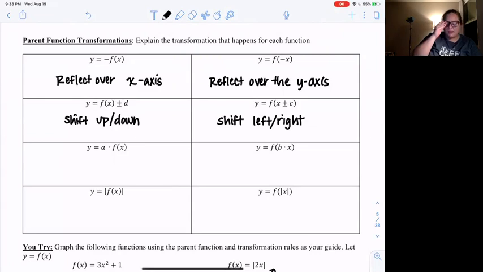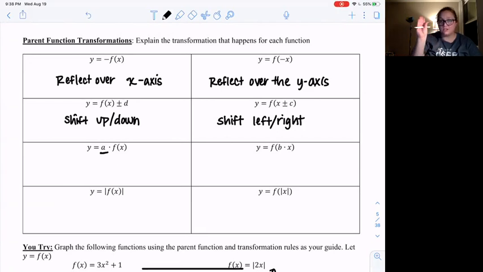Okay. Now, the language of the next ones is a little interesting. So the value a is actually going to change the function in that it's going to increase those y values by a specific number. So that can go in one of two ways.